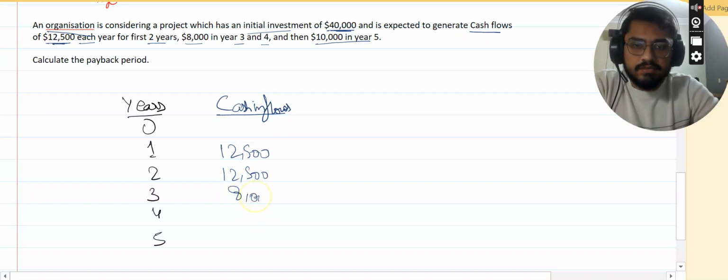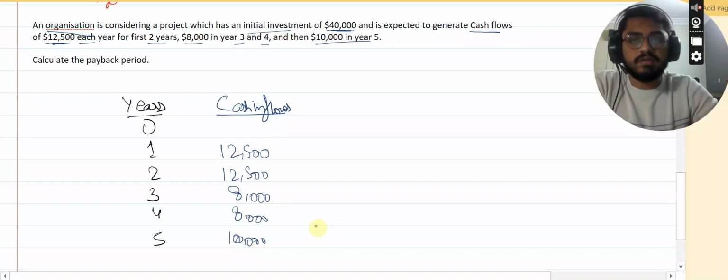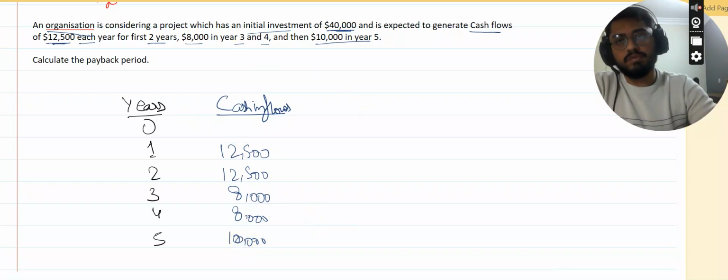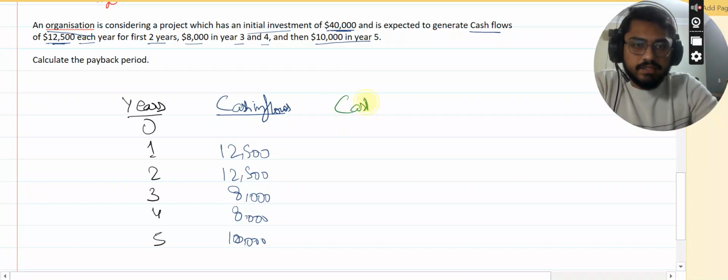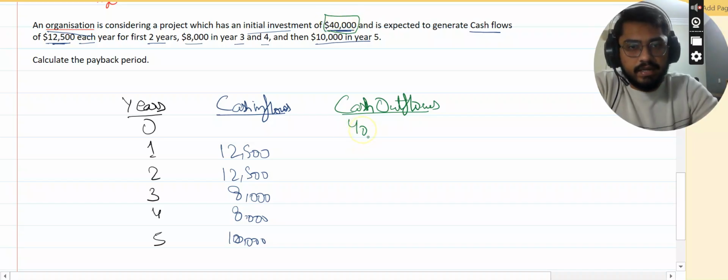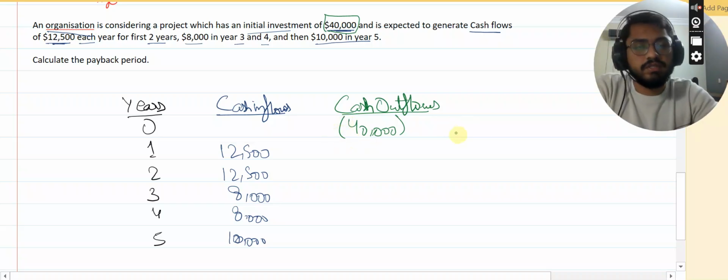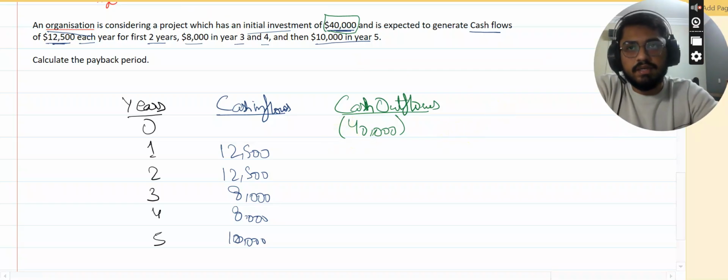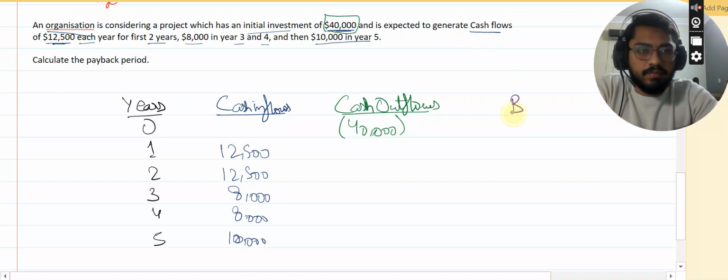Then we have $8,000 in year 3 and year 4, and then $10,000 in year 5. Okay, then let's plot the cash outflows as well. Over here we just have one cash outflow, which is the initial investment. At the time of initial investment, of course, we have invested some amount, so we treat it as a cash outflow. And then let's make another column for the balances.